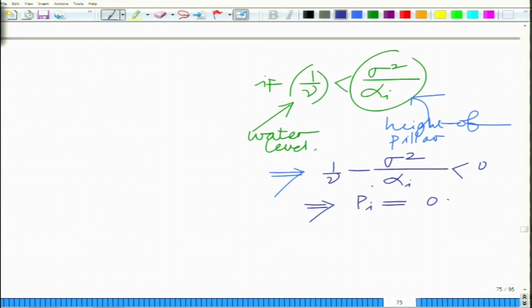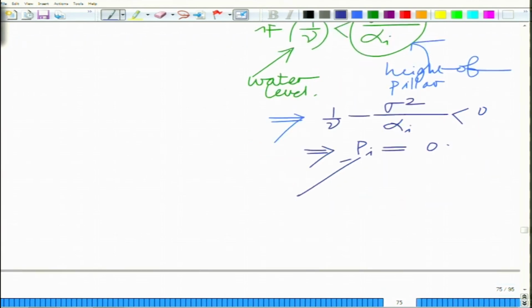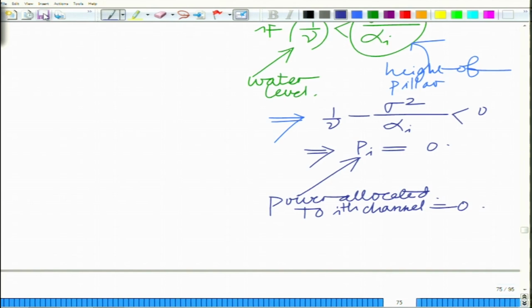So, the power allocated to the ith channel is 0.